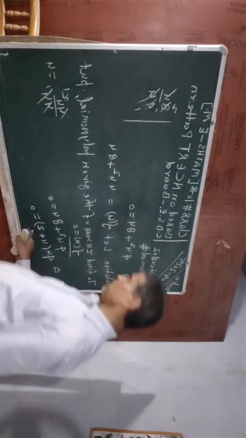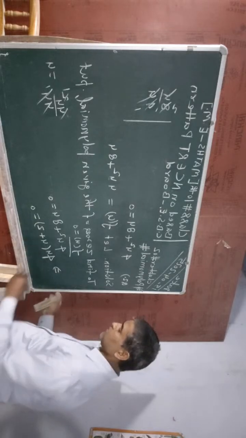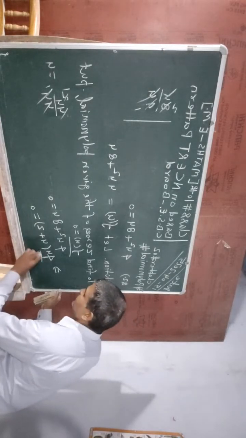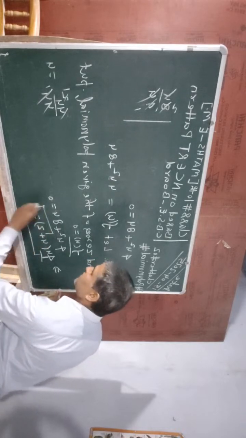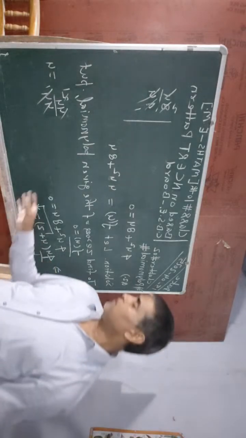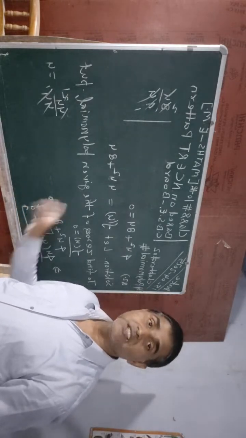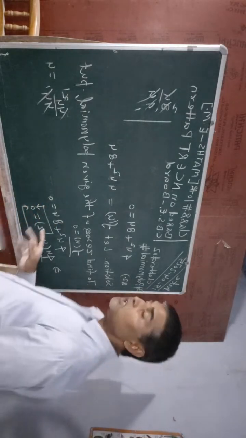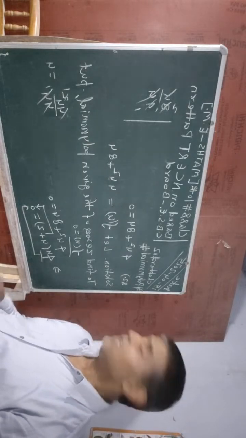So here 2 will be available. Okay, students, so I can take it like this. It means that this term can be 0, or this term can be 0. So here two possibilities are available, and for both possibilities, both cases I will use, and I will get its zeros value. Okay, student, zeros values are also known as the roots of the given polynomial.